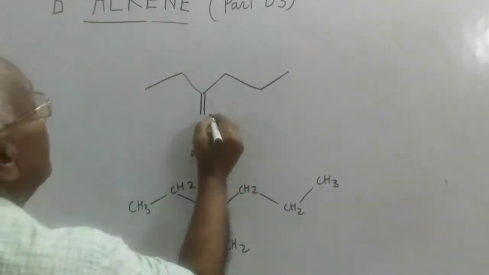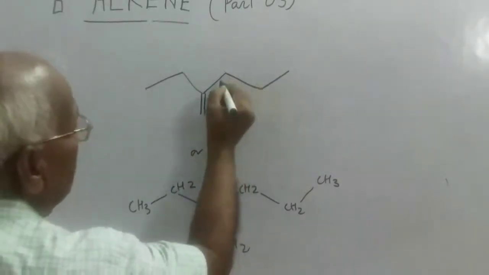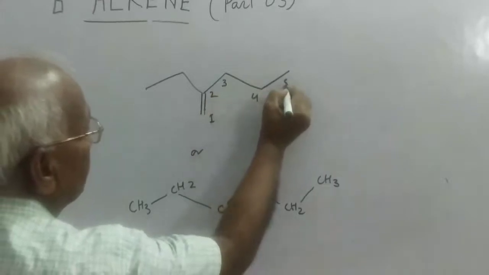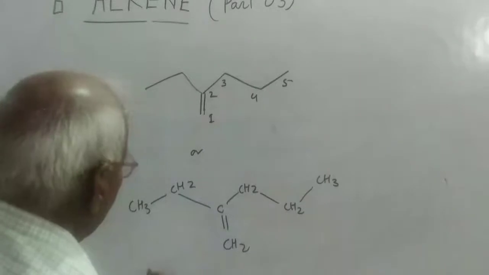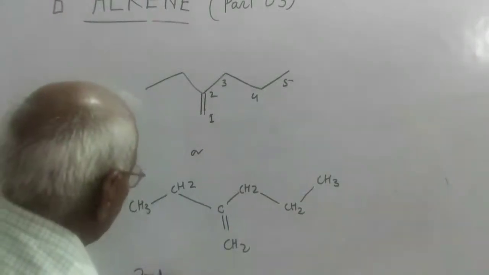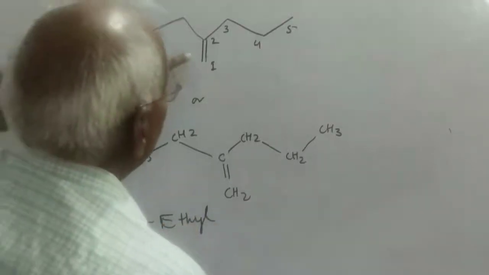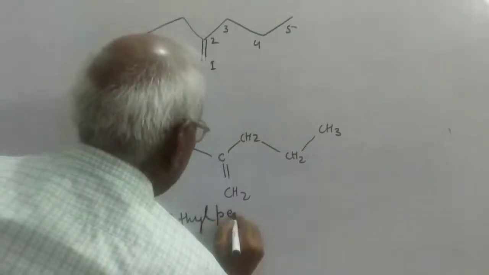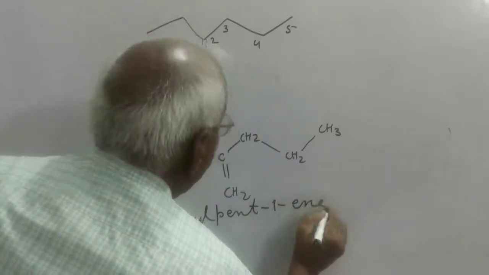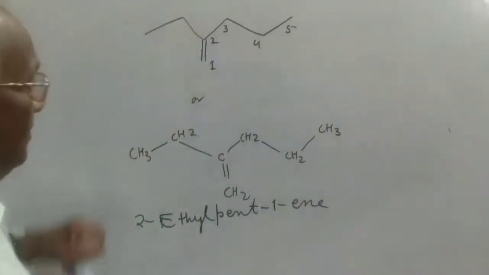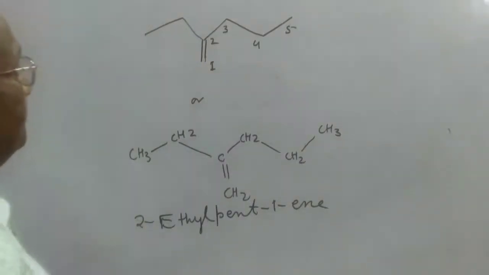So numbering is given from this side because of the carbon-carbon double bond, these two. This is longer, so follow this path. And this is the substituent, the ethyl substituent. So the name will be 2-ethyl pent-1-ene. 1, 2, 3, 4, 5. This is 2-ethyl pent-1-ene.